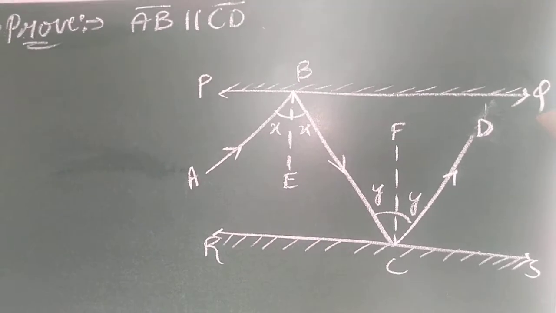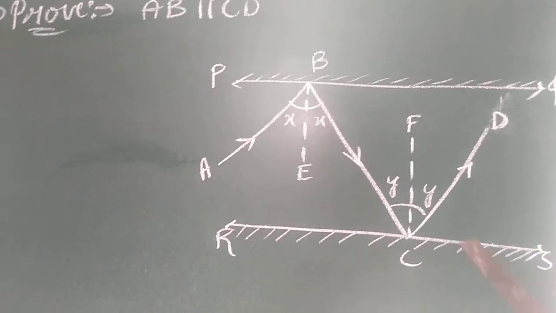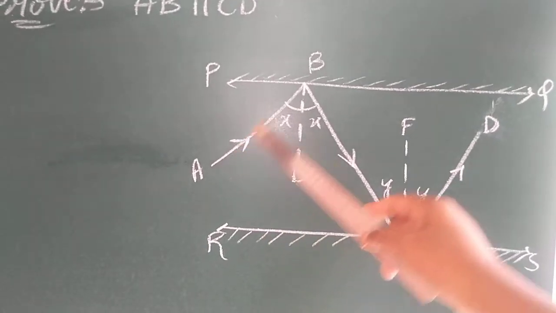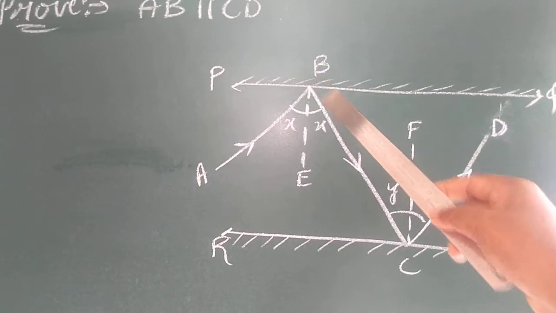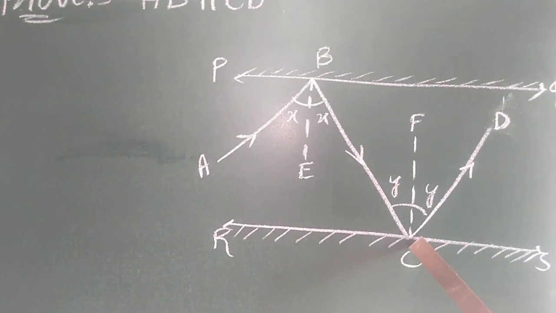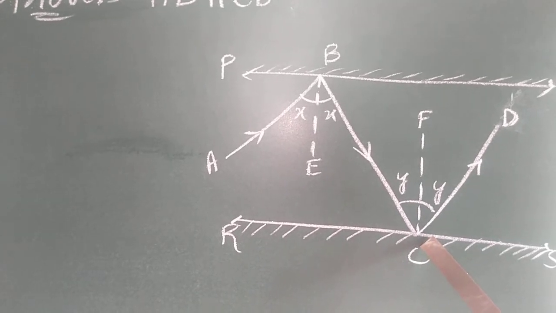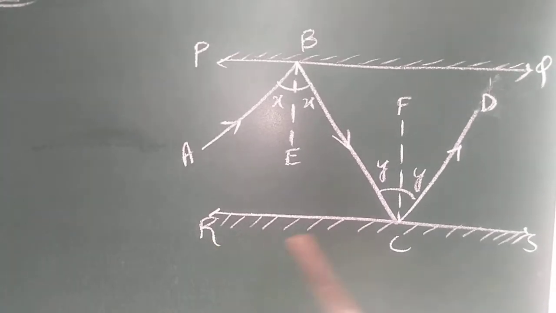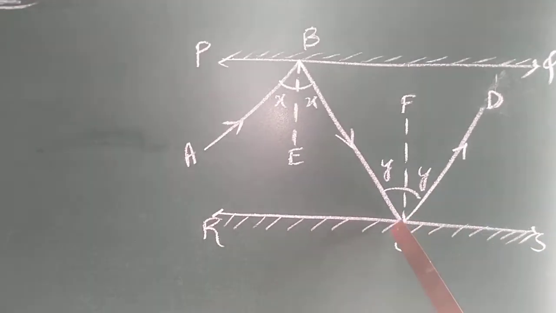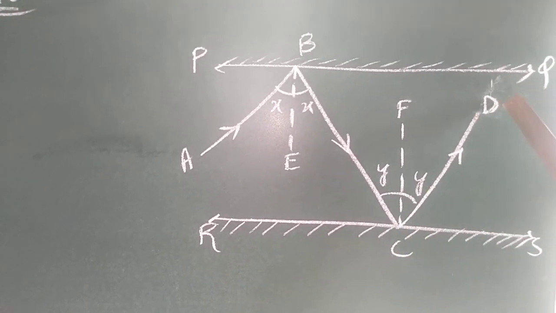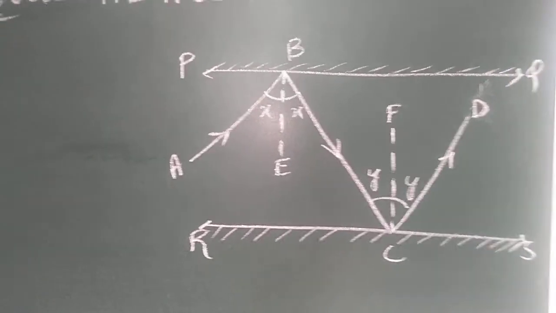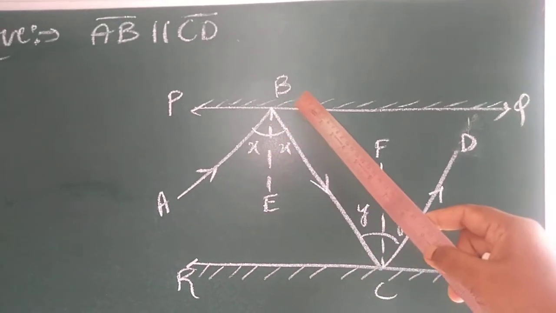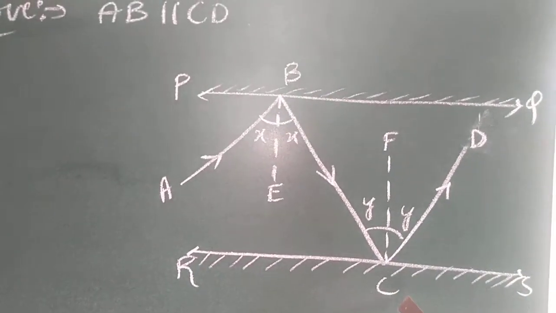PQ and RS are facing each other such that when the light ray AB falls on the mirror PQ, it gets reflected from PQ and becomes an incident ray on the mirror RS and then gets reflected from RS in the direction of CD. Now what they are asking us to prove is that this incident ray AB is parallel to this reflected ray CD.